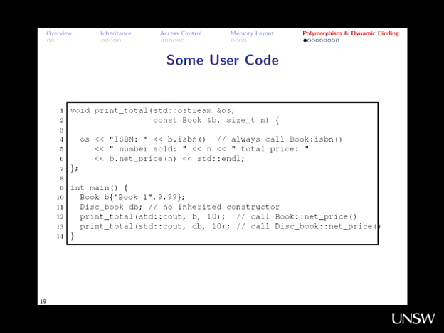Okay, and we remake this. Okay, the first one's a book, the second one's a discounted book. Okay, if I change in this print function, so instead of taking a reference, I take a copy, so call by value, and I recompile it, what's the output going to be?